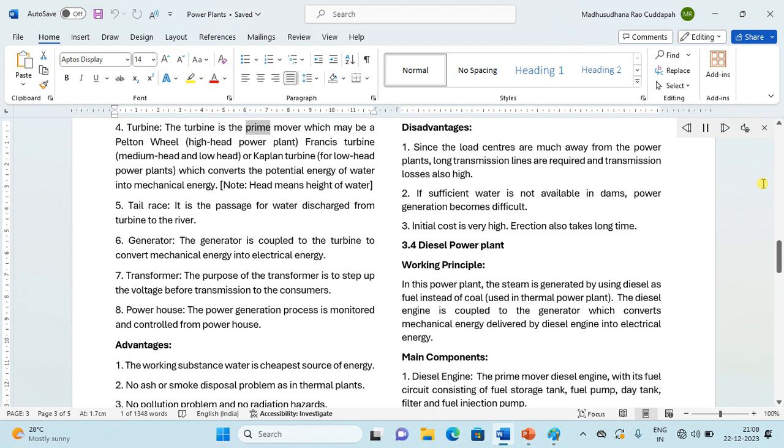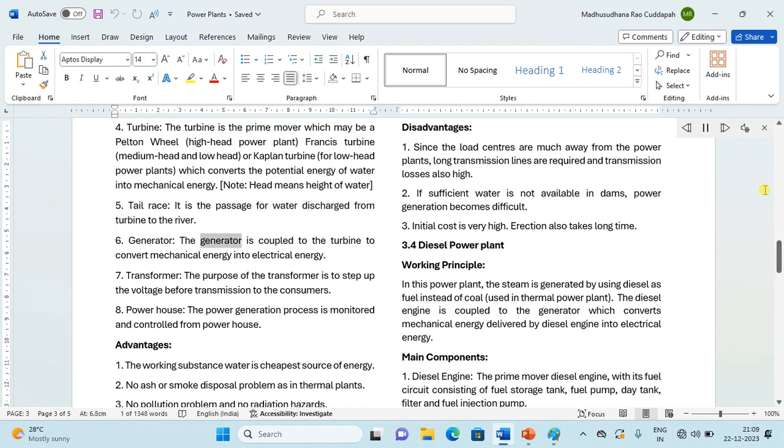4. Turbine. The turbine is the prime mover, which may be a Pelton wheel (high head power plant), Francis turbine (medium head and low head), or Kaplan turbine (for low head power plants), which converts the potential energy of water into mechanical energy. Note, head means height of water. 5. Tail race. It is the passage for water discharged from the turbine to the river. 6.